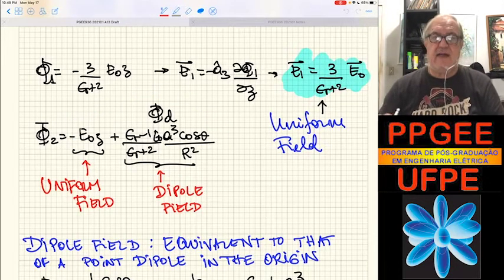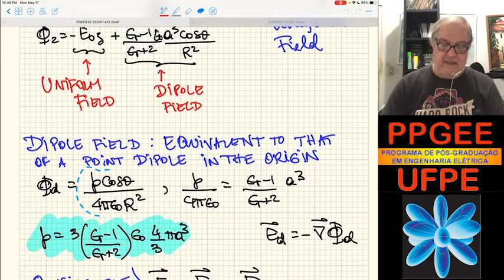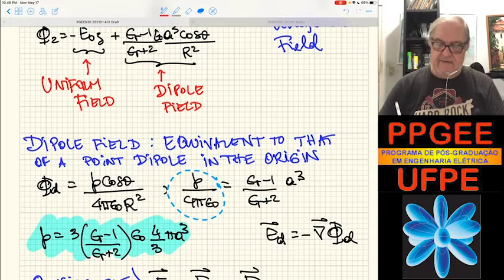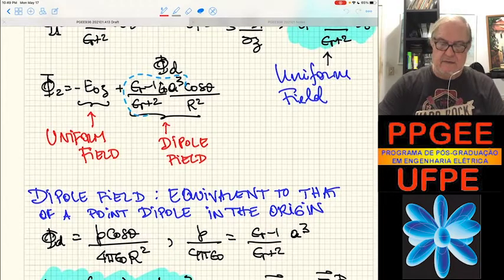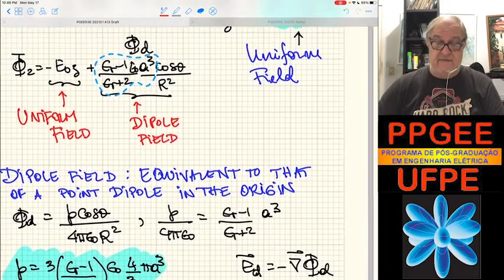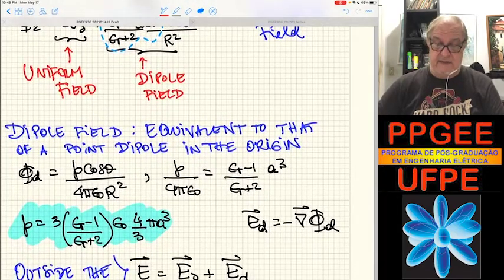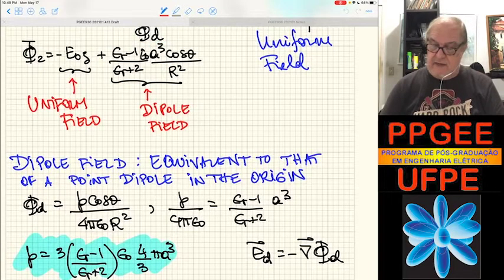So we can calculate the dipole moment for the sphere. If you look at the expression, you just have to identify P divided by 4 pi epsilon 0 equals this term here. I think I forgot the E0 in this expression. Yeah, there's a typo here, so times E0 here.